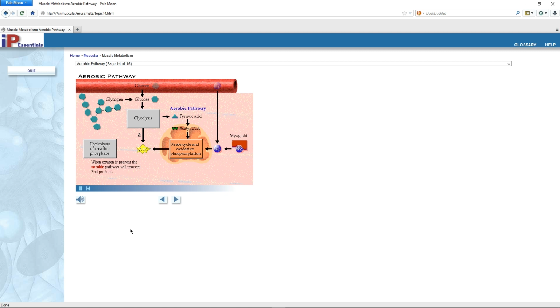The end products of the aerobic pathway are carbon dioxide, water, and 36 molecules of ATP per molecule of glucose. The total energy harvest from glycolysis, the Krebs cycle, and oxidative phosphorylation is 38 ATP molecules for each glucose molecule metabolized. Although not shown here, the metabolism of lipids and proteins can also be used to synthesize ATP.